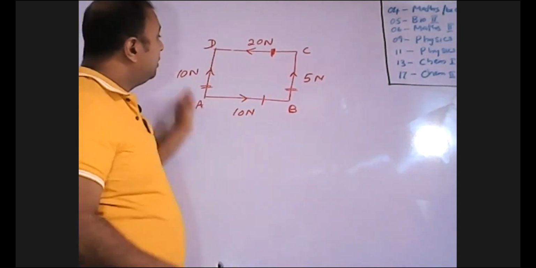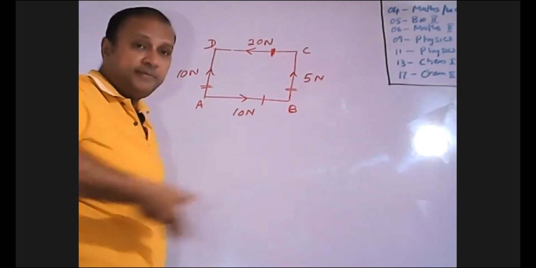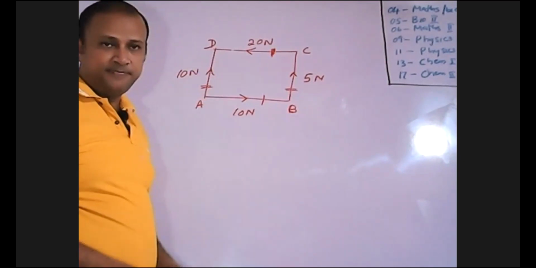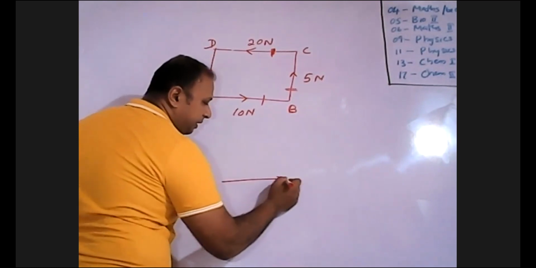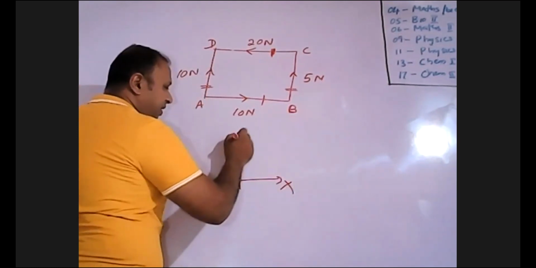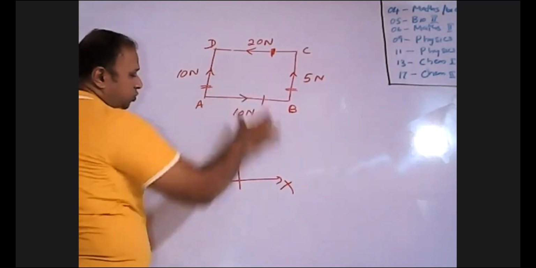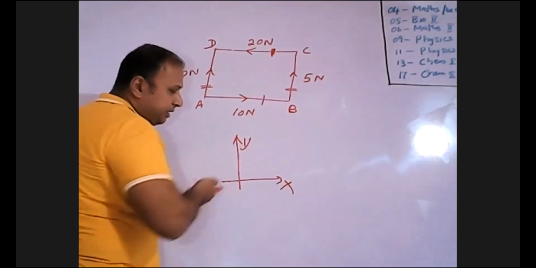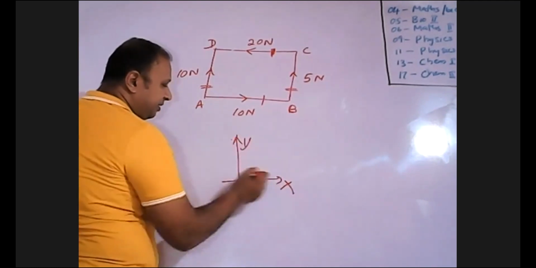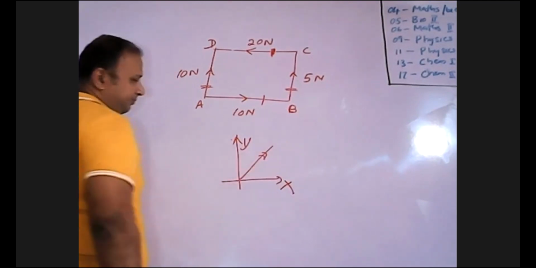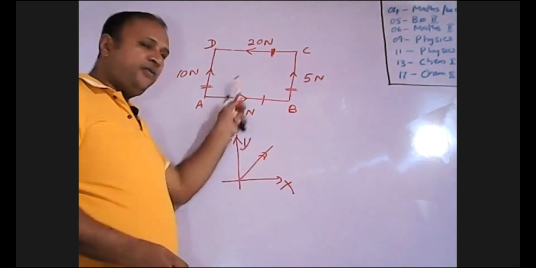We have to take resolved components in two perpendicular directions, x and y. Then you can take the resultant of these two, that means the resultant of the vector system.